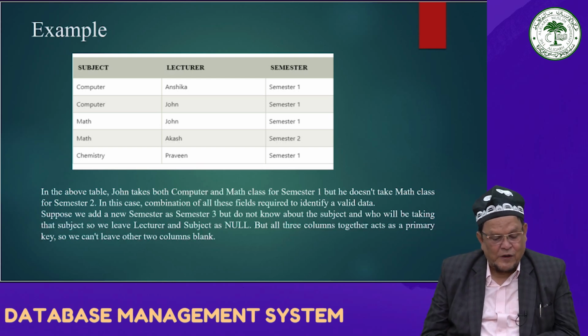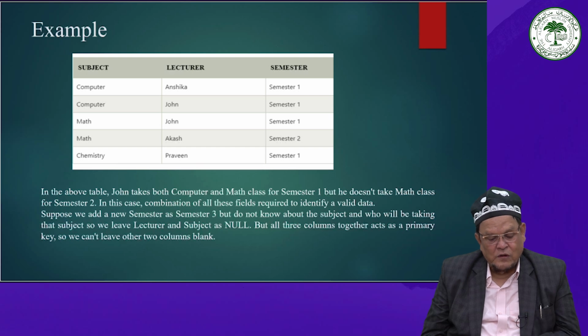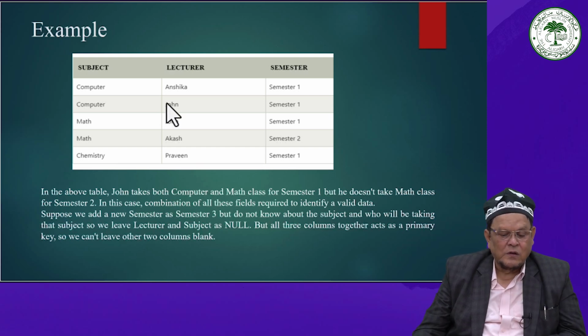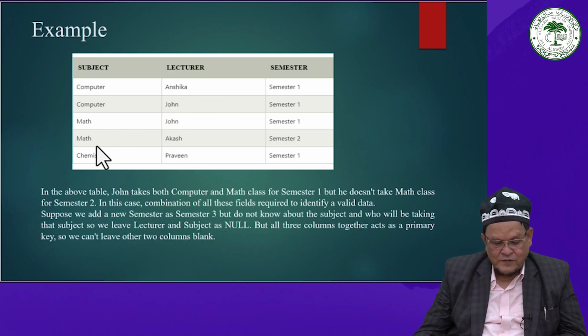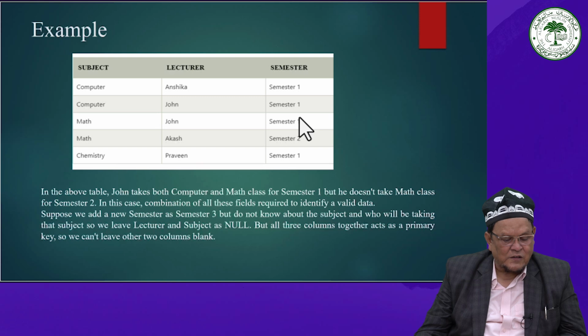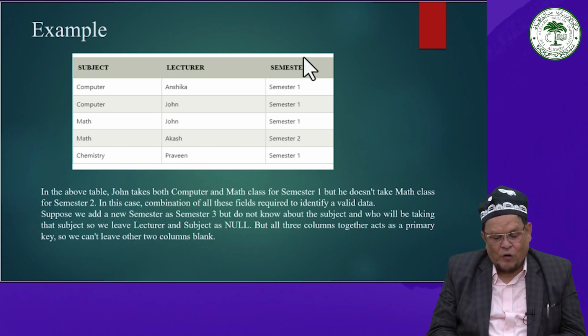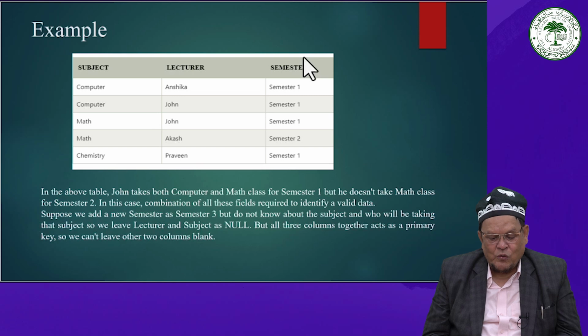You can see in the above table, John takes both computer and math class in semester 1, but does not take math class for semester 2. In this case, a combination of all these fields is required to identify valid data.